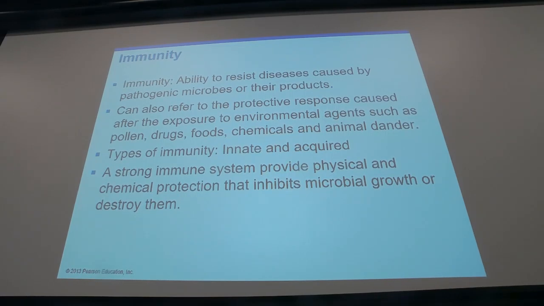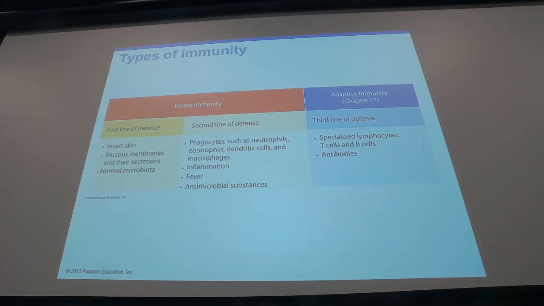Also, we're born with certain molecules like the complement system that as well protect us from anything that can harm us. So the innate immune system then consists of physical and chemical barriers or protections that inhibit microbial growth or destroy the microbes.